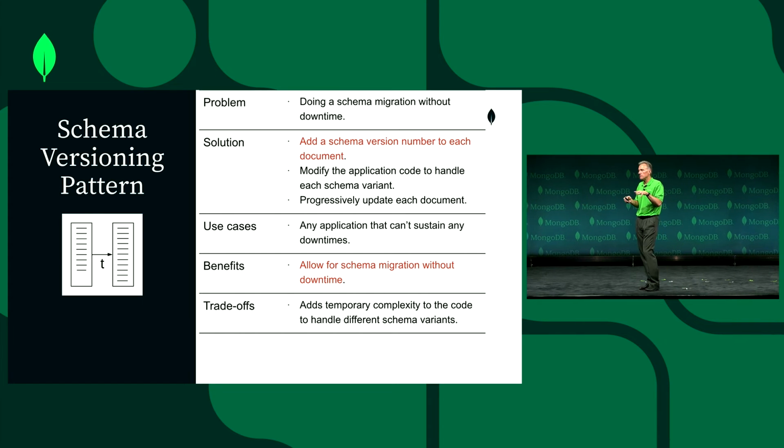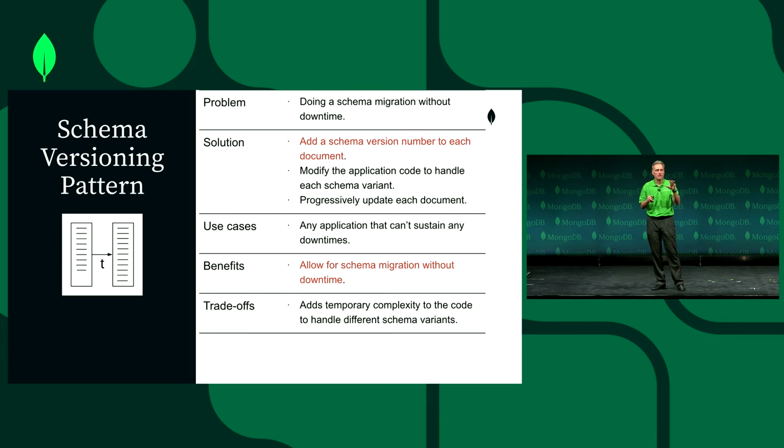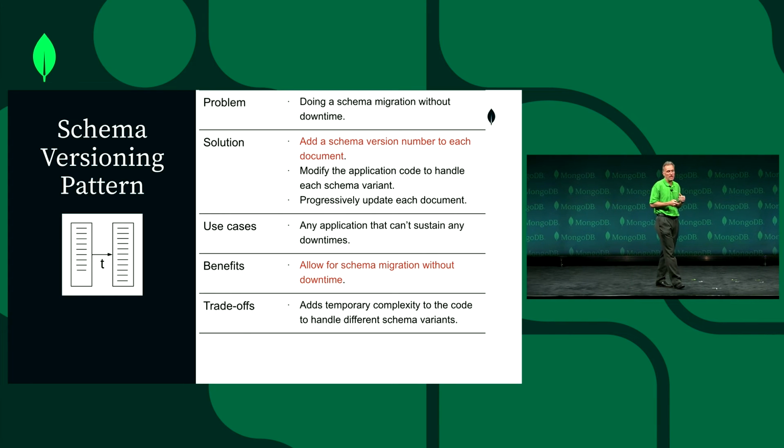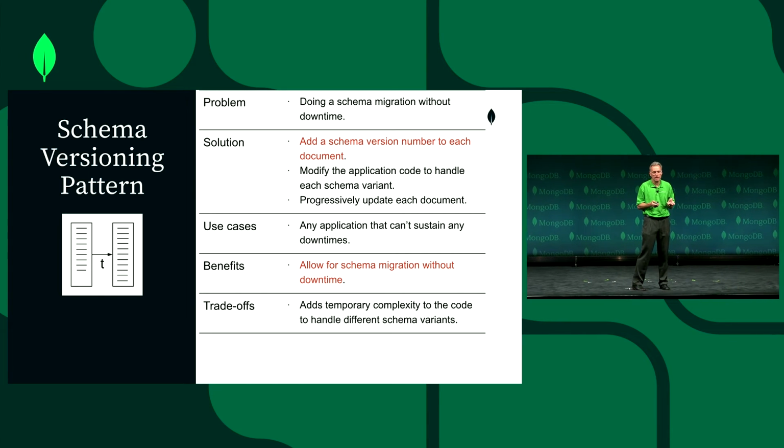Now, if your document changes a little bit by having 1 or 2 more fields, it doesn't justify applying that. But if you have a more complex modification, this is where it's going to come in. So it really makes MongoDB shine, allowing you to migrate schema easily, which is, again, extremely difficult with a relational database.